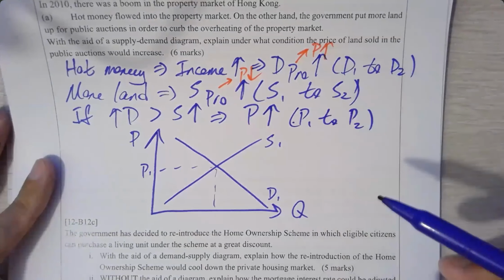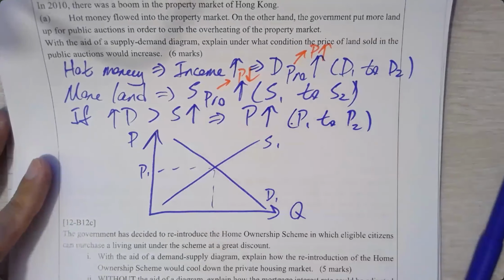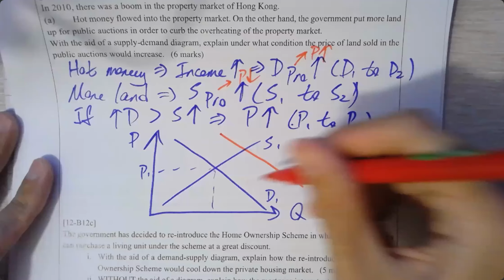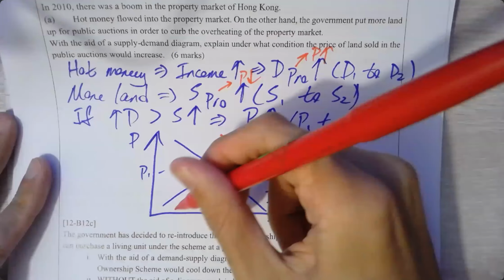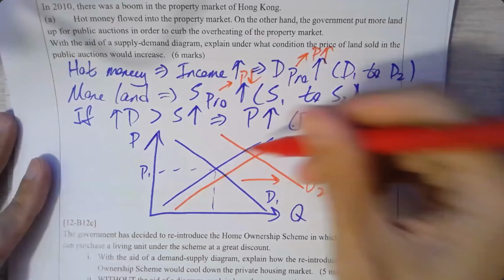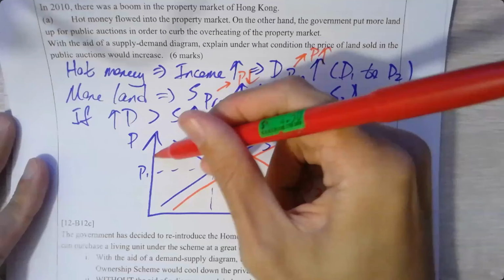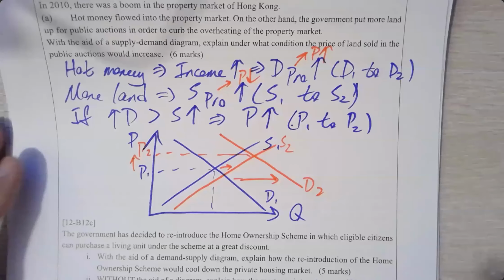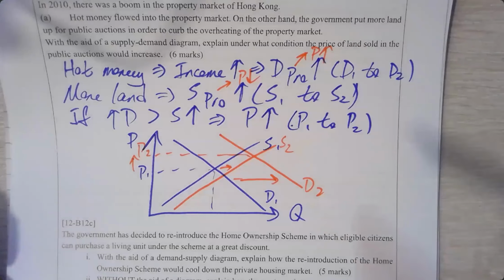Now we know demand would increase, and the demand increase needs to be larger than that of supply. So let's do it very exaggerated, while supply increases by a little bit, like this. Let's see, then P1 to P2, so it rises. So this is how we deal with this question.